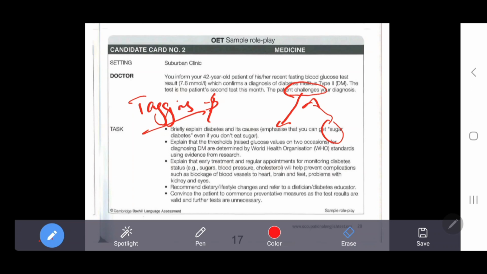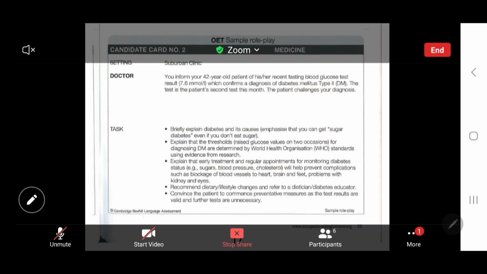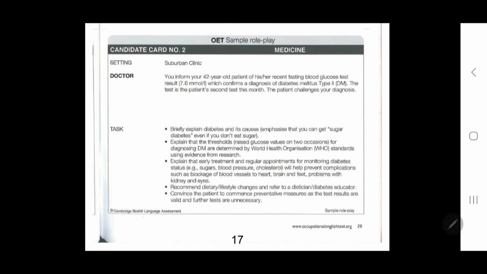But in this condition your body has an excessive amount of blood sugar, and this might be potentially damaging for your body. So this condition is called diabetes mellitus.